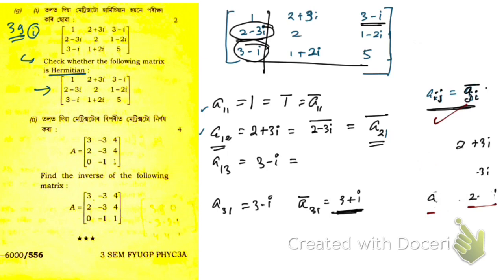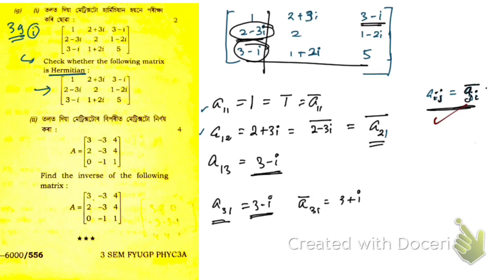Now in the case of a13, we have 3 minus i, and a31 is also 3 minus i.